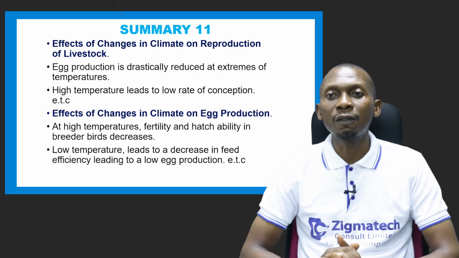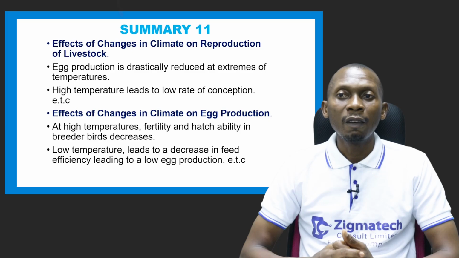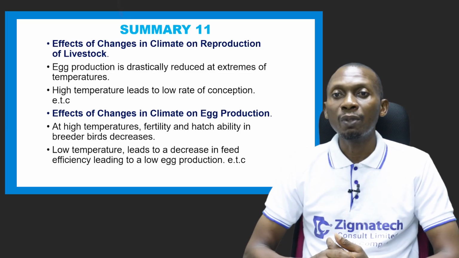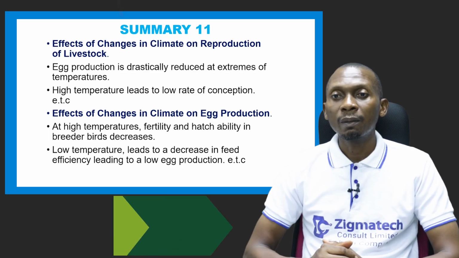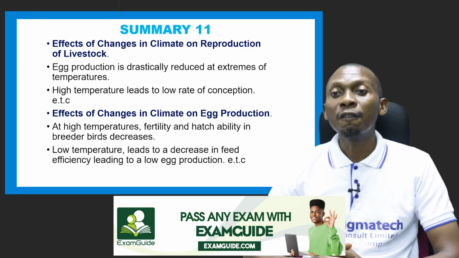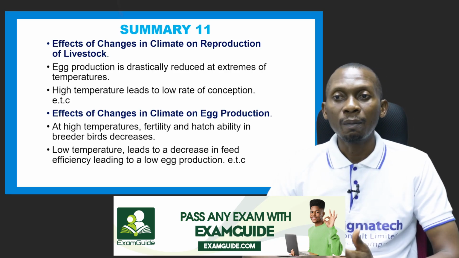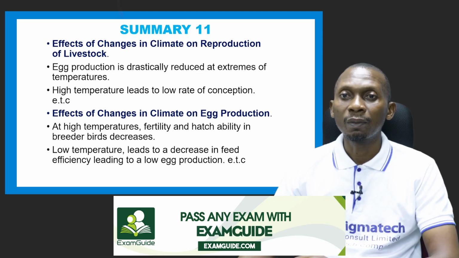Then we also looked at the effects of changes in climate on egg production. We said at high temperatures, fertility and hatchability in breeder birds get decreased. We also said that at low temperatures, there's a decrease in feed efficiency in poultry birds, and this could lead to low egg production.